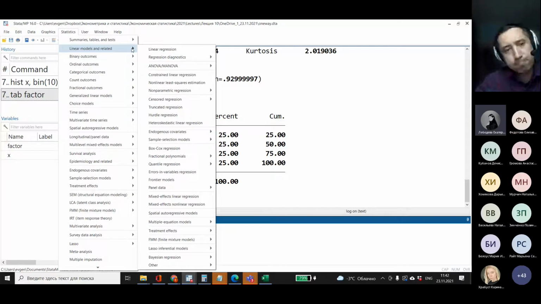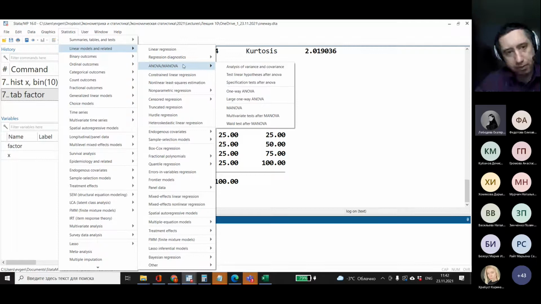And here you can easily find ANOVA/MANOVA. By the way, we won't learn MANOVA, which itself is pretty interesting. Here we have analysis of variance and covariance, test linear hypothesis after ANOVA, specification test after ANOVA, one-way ANOVA, large one-way ANOVA. We should use one-way ANOVA.